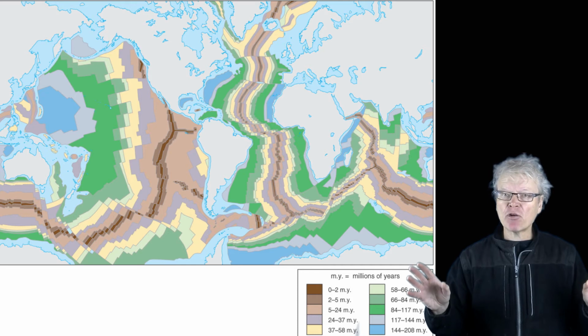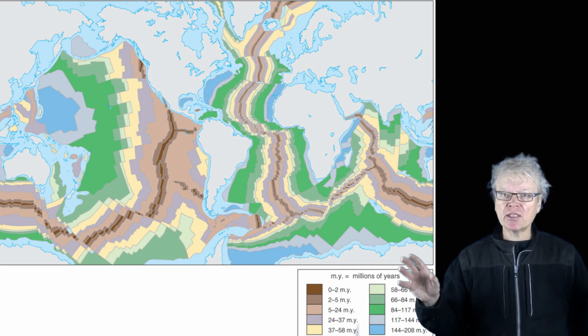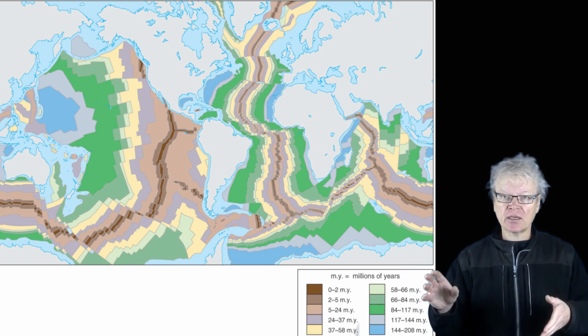But it was a mirror image. So they noticed that the ones further away were the same age and they were similar distances away from that particular line on the ocean floor.